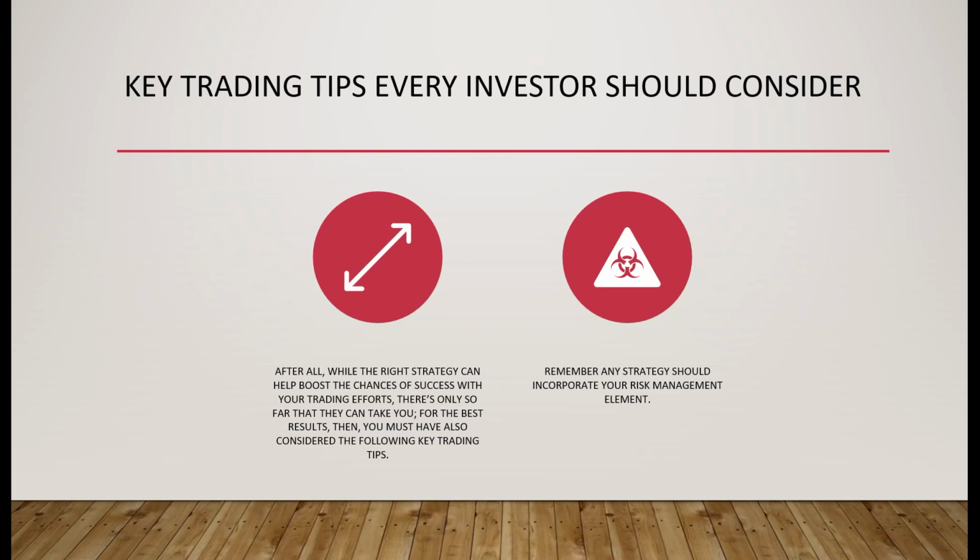Risk management is what you do, even when you're an experienced trader, to control your losses. And believe me, trading is about maximizing your profit and minimizing your losses. So nobody, including myself, is successful in 10 out of 10 trades. I mean, we're lucky if we're successful 4 out of 10 trades.